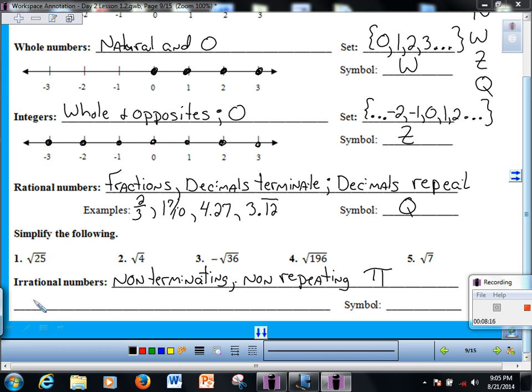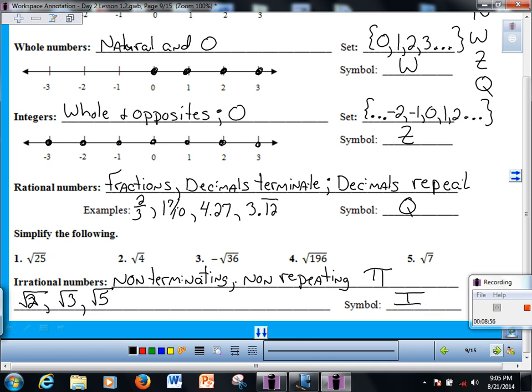Other irrational numbers: the square root of 2 would be an irrational number. The square root of 3 would be an irrational number. The square root of 5 would be an irrational number. You might think, but how about the square root of 4? Well, the square root of 4 is 2. 2 is a natural number. The symbol for irrational numbers is, what you're thinking, an I. So there's what we got so far.